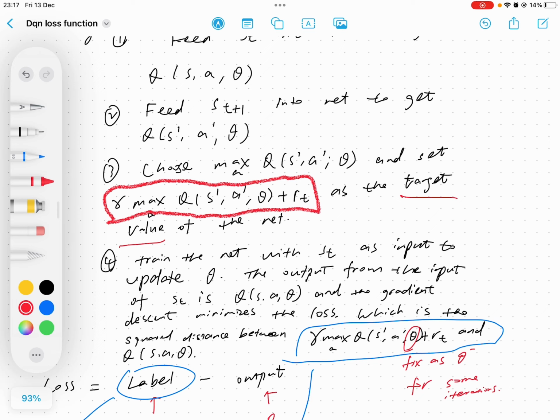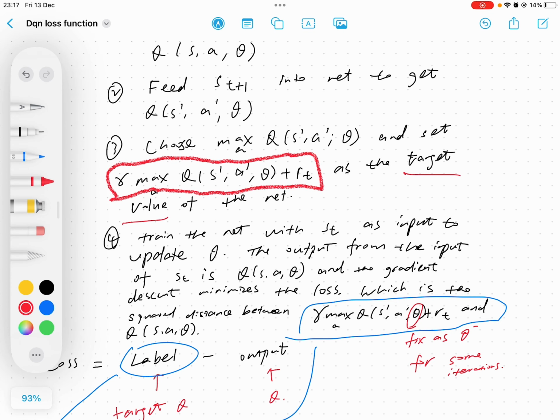And this is set to be the target value of the network. And then we could train the network with the current state ST as the input to update the theta.